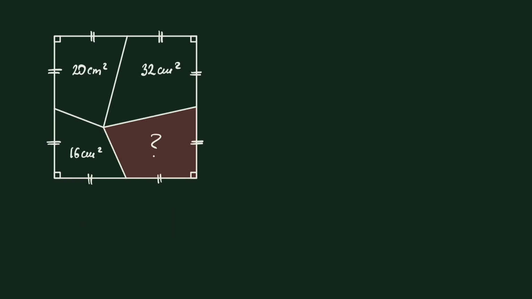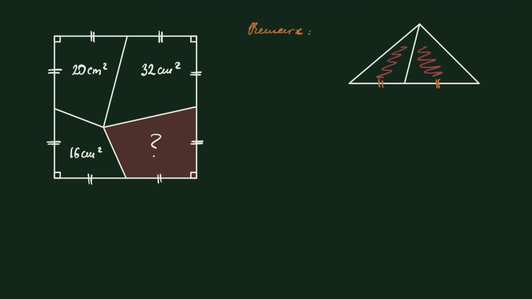Alright, so before we dive into this problem, I want to make a quick remark: in any triangle, a median is the line that divides the opposite side into two equal length parts. In such a triangle, the areas of these two regions, let's say this is A1 and this is A2, are equal.